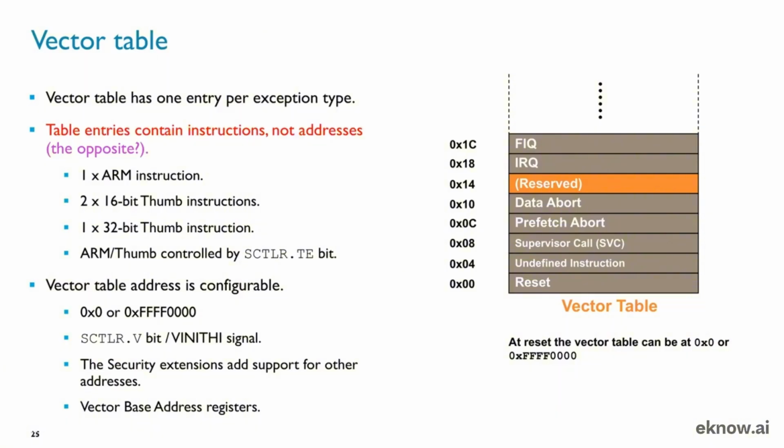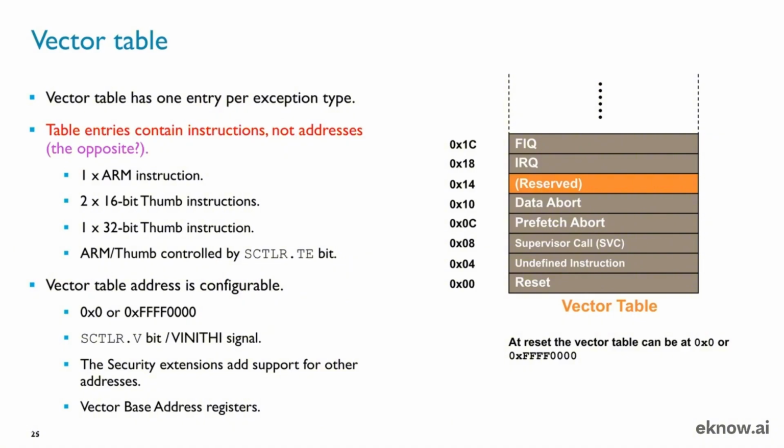For example, the reset handler is always at the base address, which is shown here as offset 0x00. An undefined instruction exception goes to offset 0x04, a supervisor call goes to 0x08, and so on. Notice how each entry is exactly 4 bytes apart.